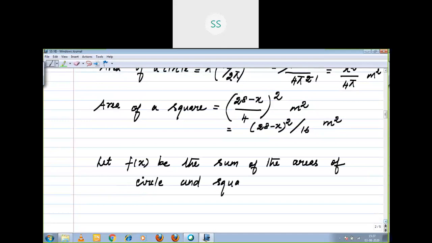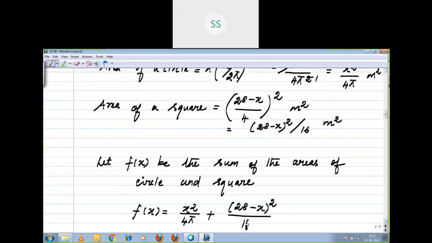Now what is that? You have to tell me. Yeah, very good. f of x equals x square by 4 pi, that is the area of a circle, plus 28 minus x, the whole square, divided by 16.